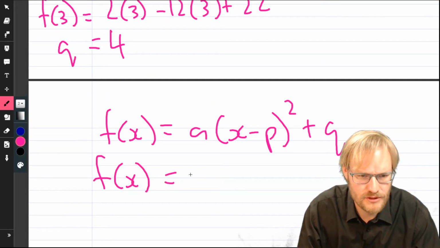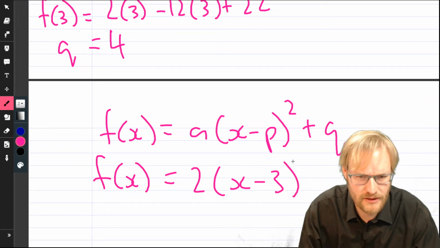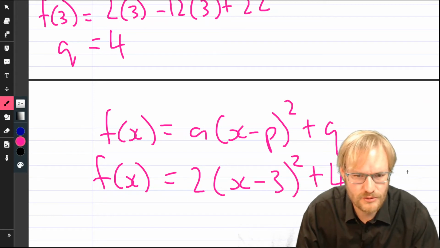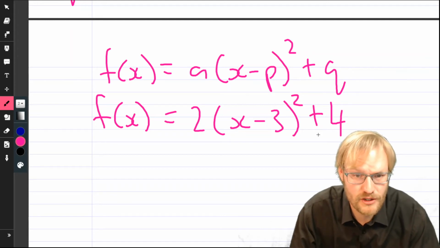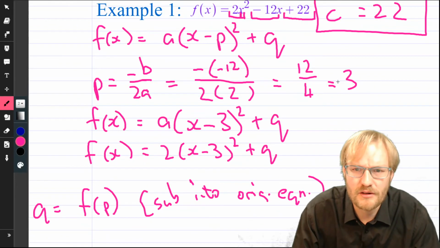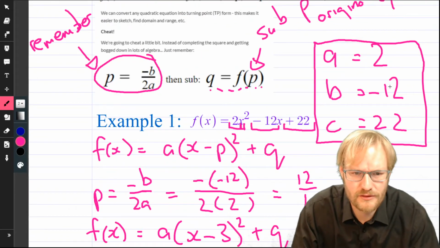A we said was 2, p we worked out was 3, and q we worked out was 4. And there we go. Now we could work out what the turning point is: 3, 4. We could read it off. What's a? 2. What's the value of b? Well, we wrote it up here, minus 12.